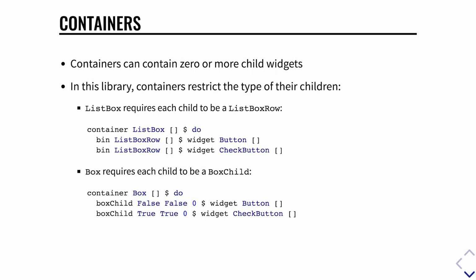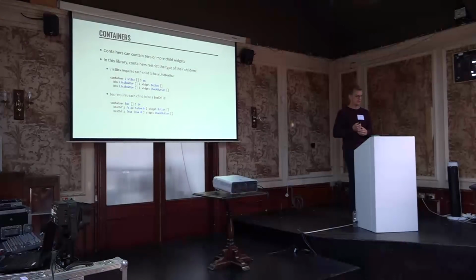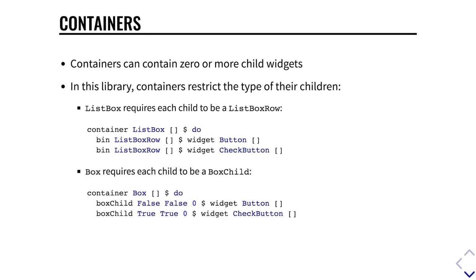So here we create a list box with two rows, one having a button, one having a check button. And similarly, the box container needs box children, or using the box child function. Okay, and here you see the do notation going on as well.